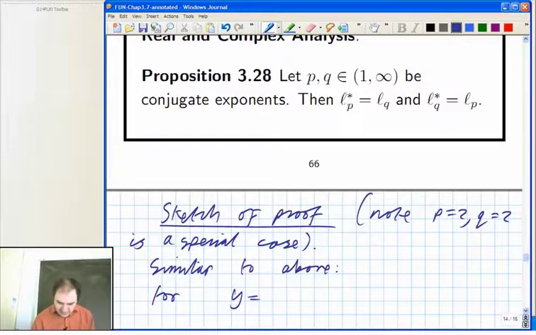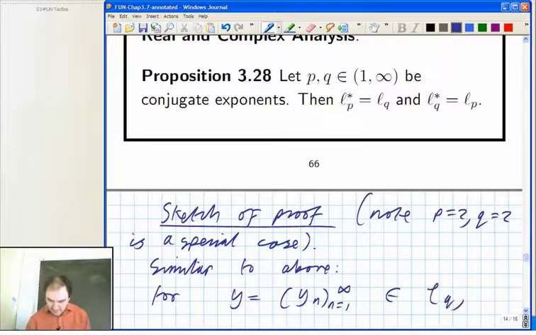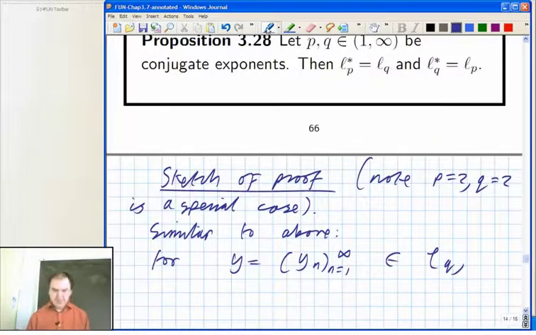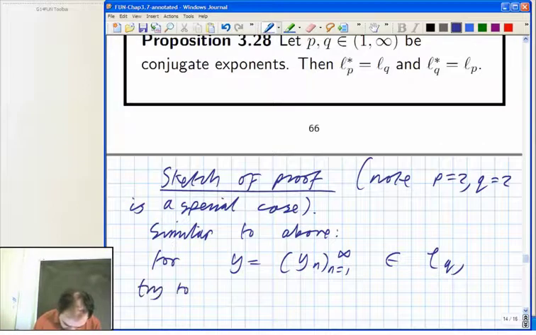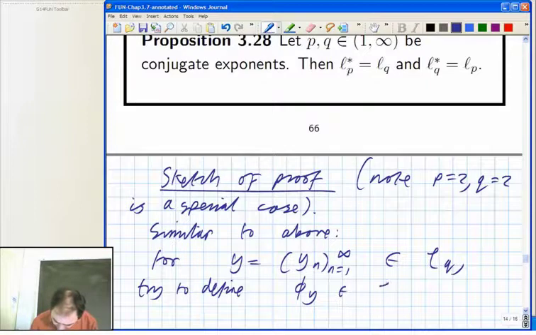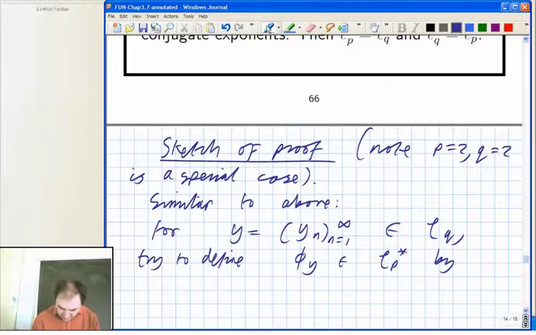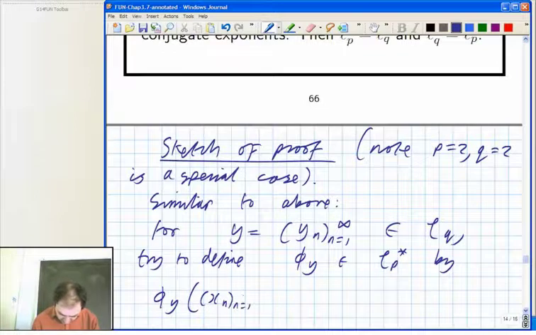For y equals (yn), n equals 1 to infinity in little lq, you attempt to define, or we try to define, phi y in lp star by phi y of xn is the sum of xn yn, as before.